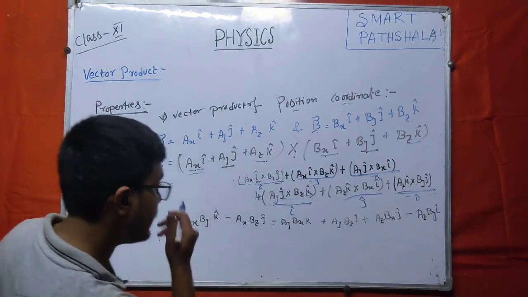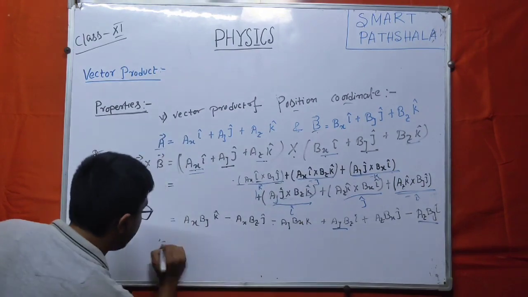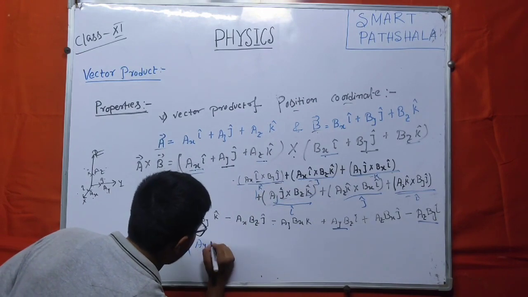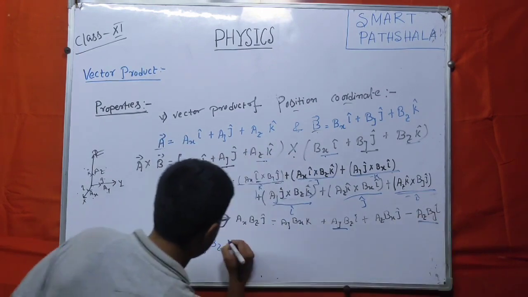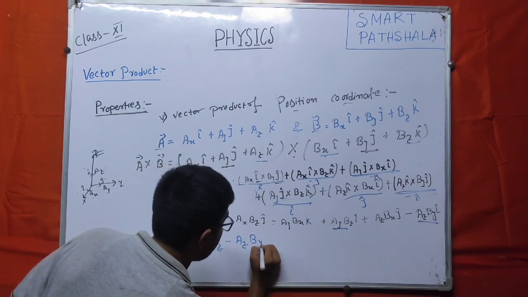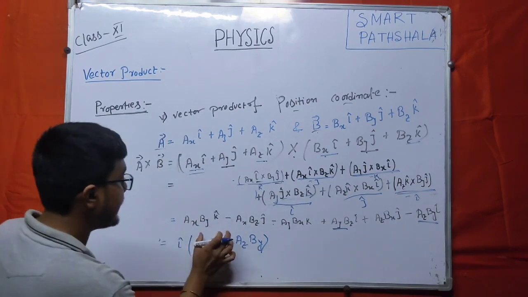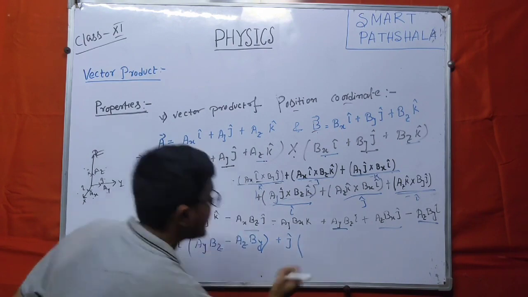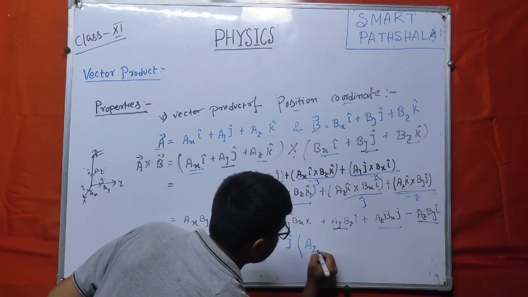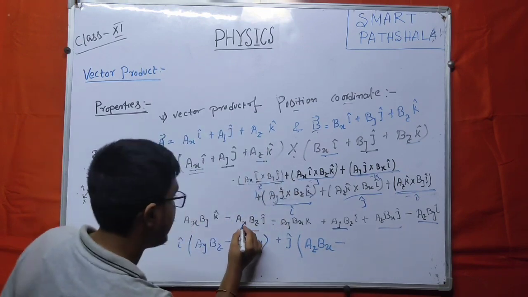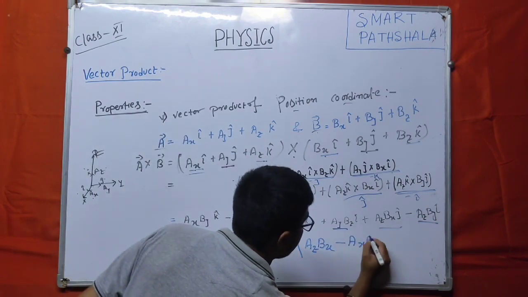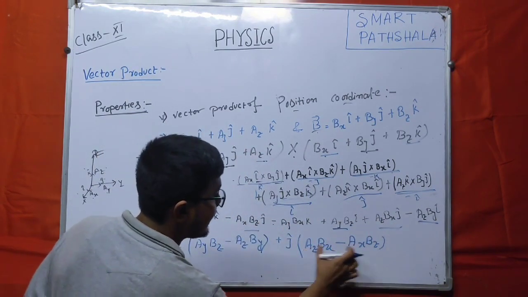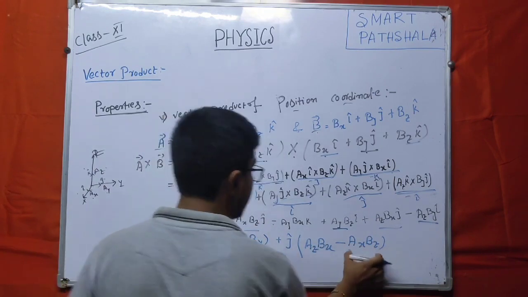Now I take I cap common: ay bz minus az by. Then from this part plus j cap, that means az bx minus ax bz. When you take j cap common from these two parts, we get az bx minus ax bz.